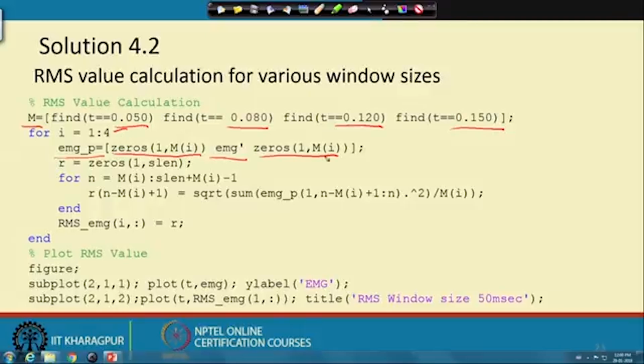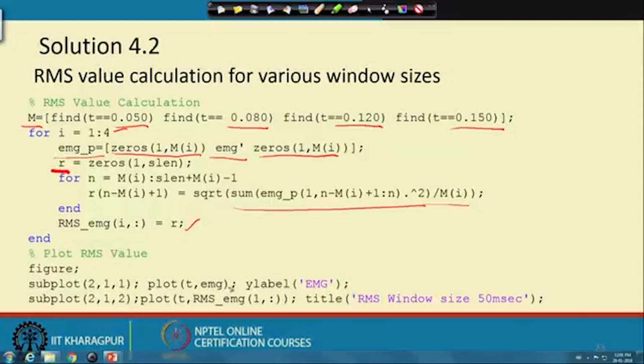So, within that window we are computing the value R: we take the sum of the energy divided by the window size and take the square root of that. So, we get the RMS output.